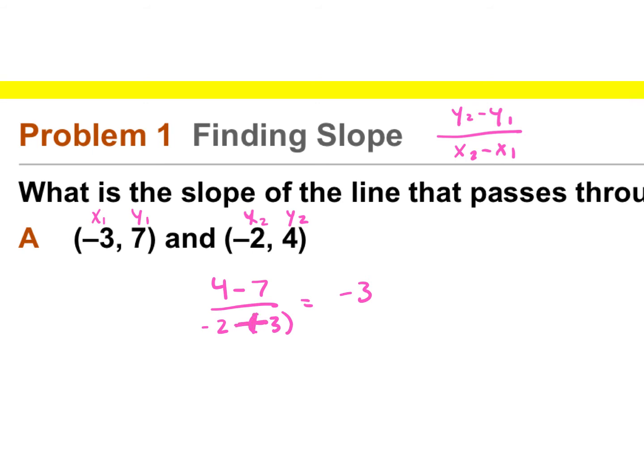So this would become negative 2 plus 3. What's negative 2 plus 3? 1. Can I simplify negative 3 over 1? Just negative 3. So my slope would be negative 3, and that's my answer.